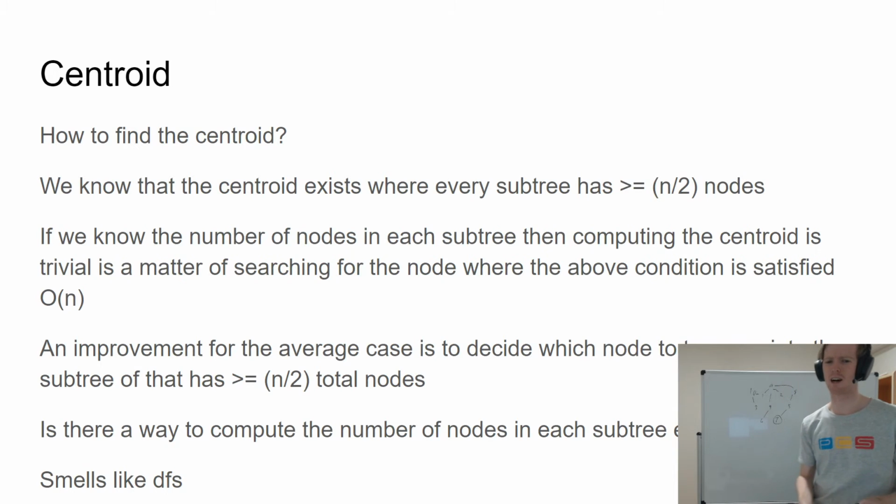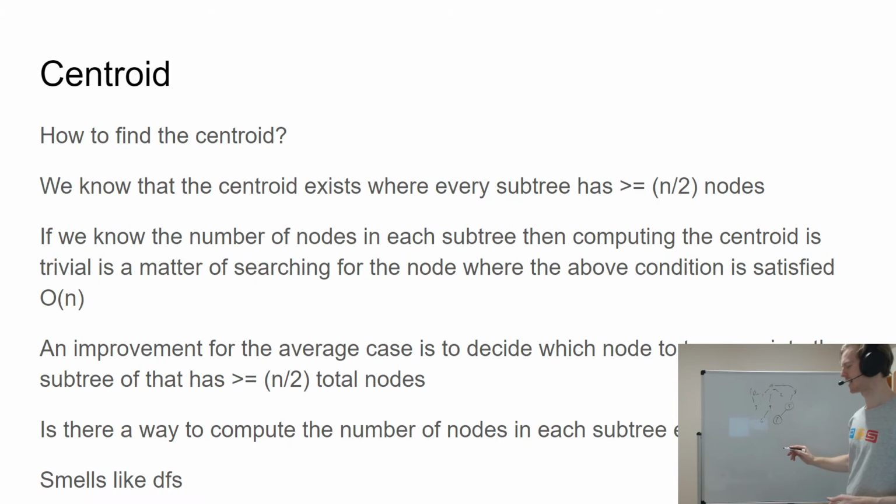I'm not sure where the slide went, but okay. So basically, the only other thing I have to say about centroids is that if we DFS along from any arbitrary node, so let's root node 5, and we do a DFS along it to calculate the depth at every tree.